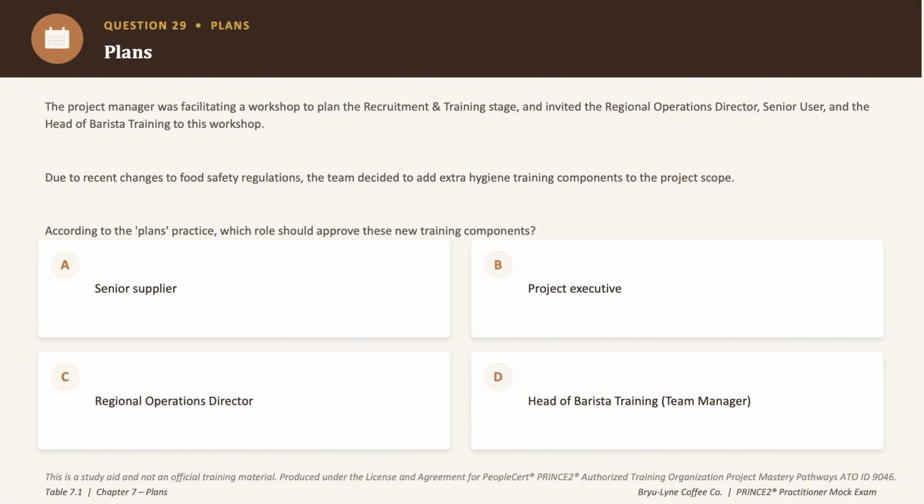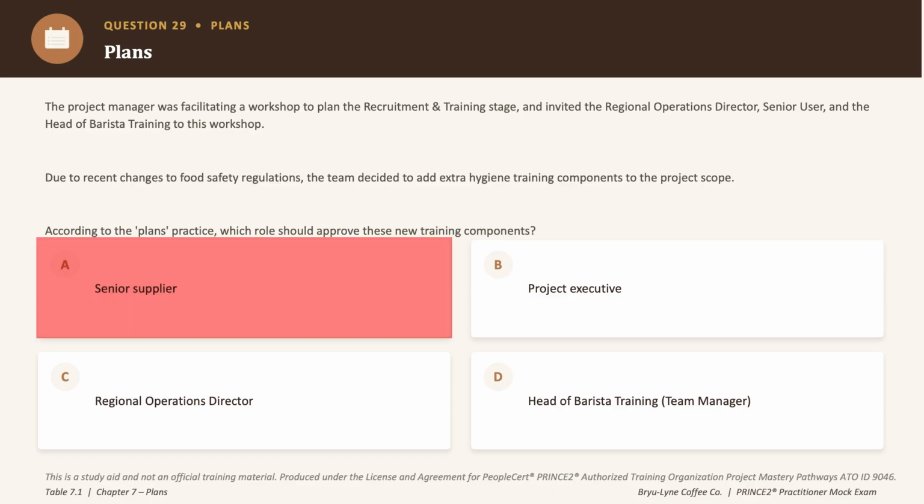So option A says senior supplier. Now senior supplier represent supplier interests, right? But approving new scope isn't theirs to decide. Eliminated. Option C says regional operations director, and that is a role that doesn't sit with the formal project management team for this decision, because the regional operations director could be sort of the portfolio or the program management, not definitely the core project team or not even the project board.